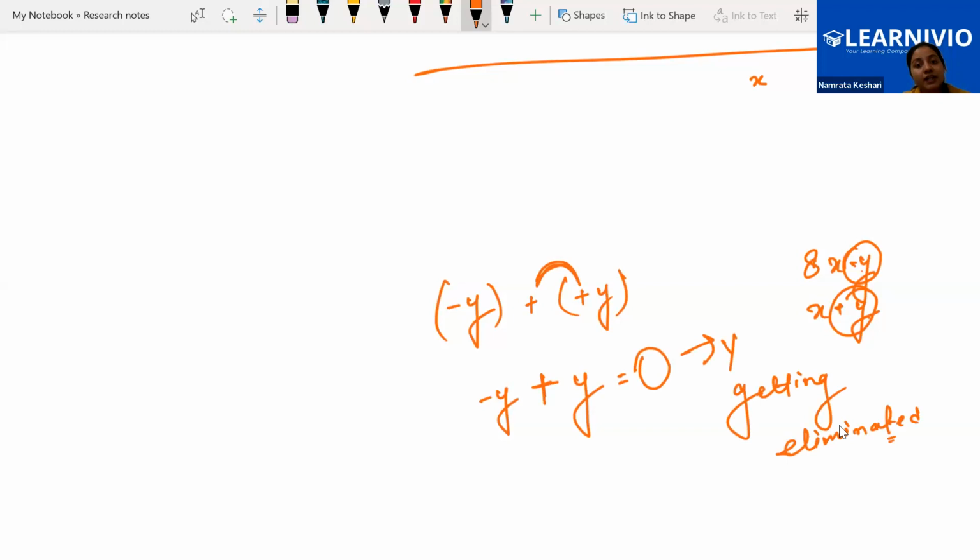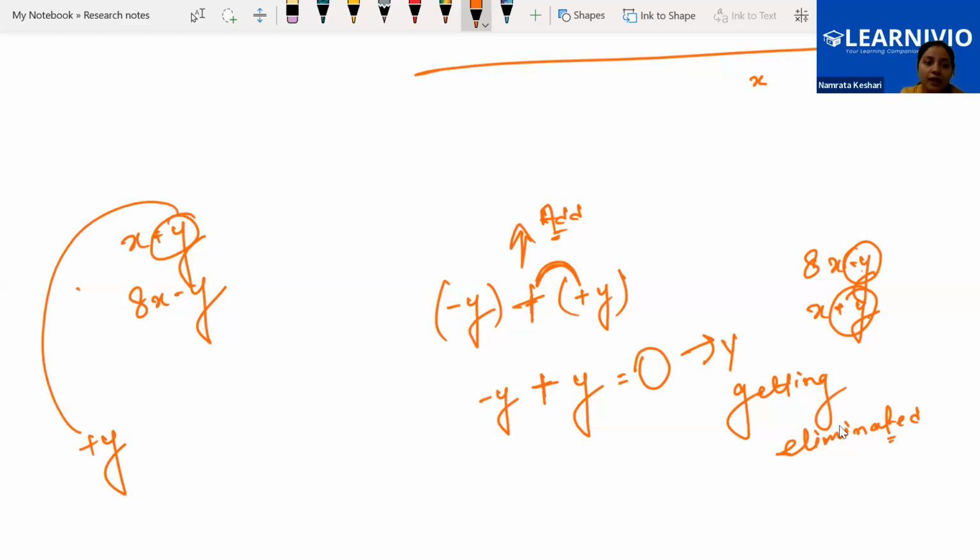How is y getting eliminated? When we add. When do we add? When both already have opposite signs, then we always have to add, because addition will not change any sign. Suppose in one equation you write x plus y, and 8x minus y afterward. The plus y from the first equation and this minus y from the other equation, if you add them, then plus and minus give a minus sign, so this will be negative y.